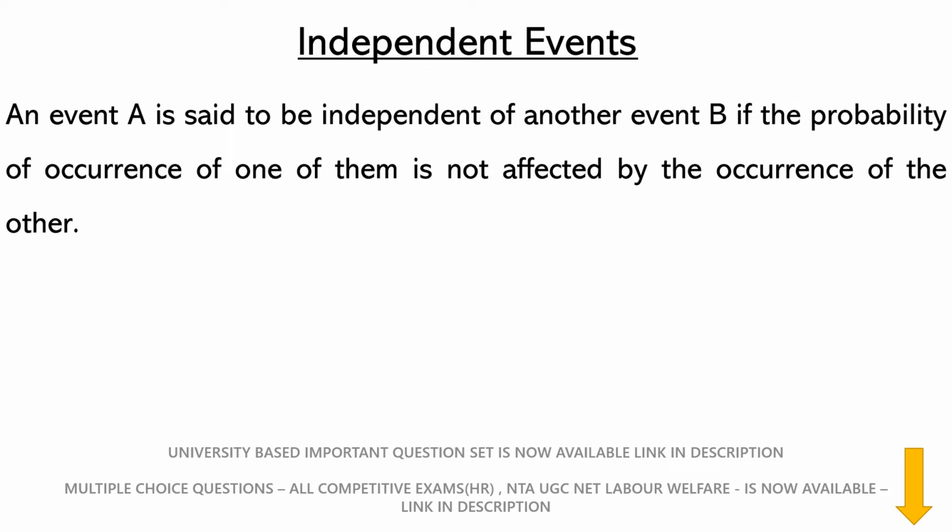First you pick one card, and you replace it, you keep the first card back, and then you pick the second card. There a replacement has been done. That means these two events are independent. One does not affect the occurrence of the other event because you have replaced it.